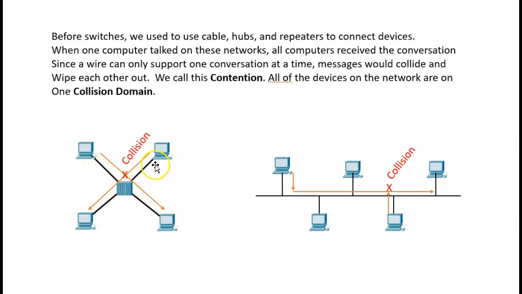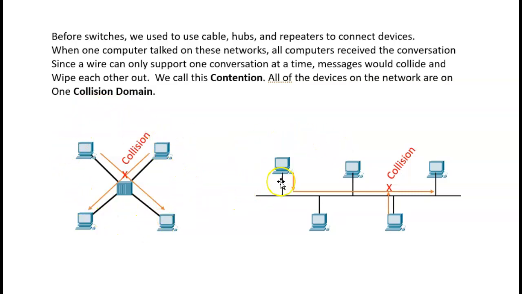And if two signals get together, the voltage is going to spike and nobody can tell what the message is supposed to be. The ones and zeros are represented by different voltages. And so we have a collision that takes place. In other words, only one PC is allowed to talk at a time. We call this contention, and we call this one collision domain.